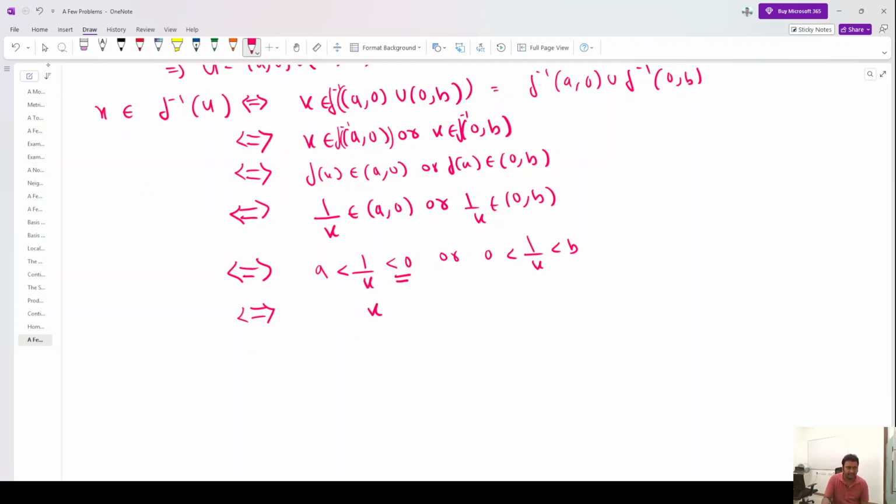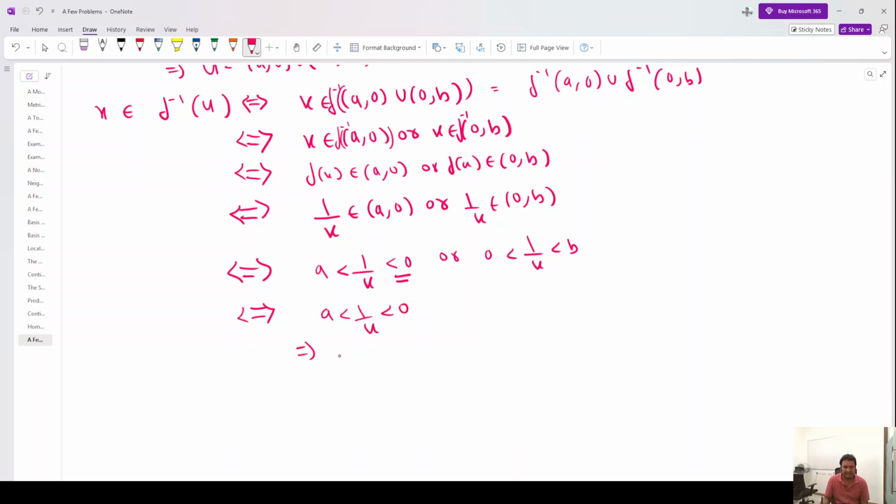So deal with this thing properly. When you multiply with x on both sides, the sign actually reverses, right? So if you do this, or another way to do this is this: you know that a is less than 1 upon x, less than 0.